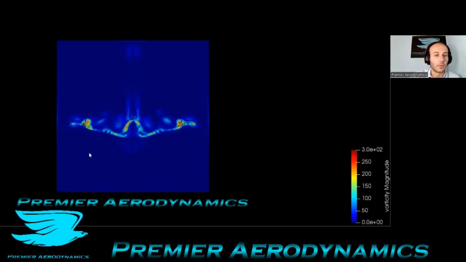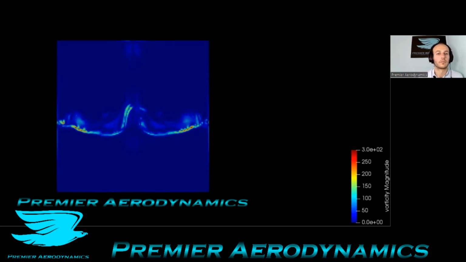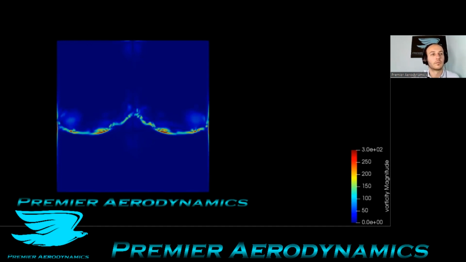You can see all this vorticity forming around this droplet and that water rebounding up and down. And you can see that those vortices are going up the wall, as we were looking before.